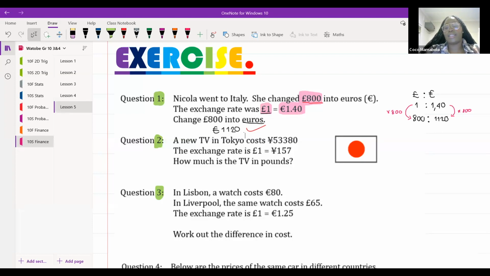Right, one more minute, guys, and then I'm going to get to the answers. Oh, I love that emoji. It's a very nice one.